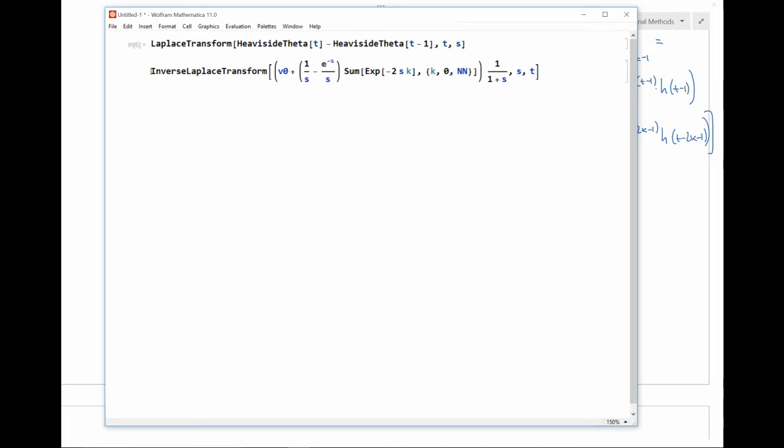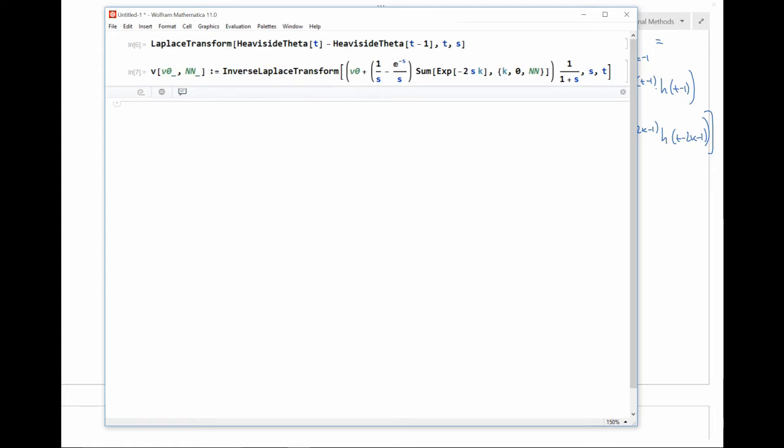So I'm going to define a new function that will depend on the parameters v naught and also the parameter nn, and that's going to be the new function. Now I want to plot it. But because I know that Mathematica doesn't deal with sums very efficiently, I'm going to run it as a pre-computed computation.